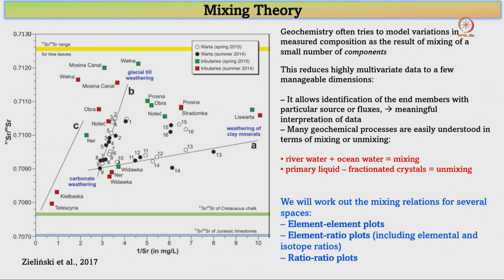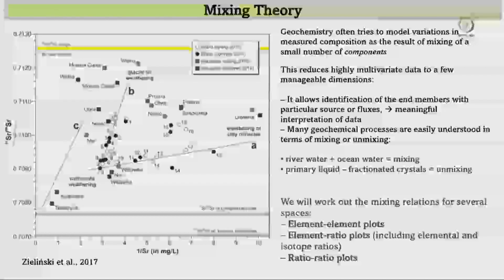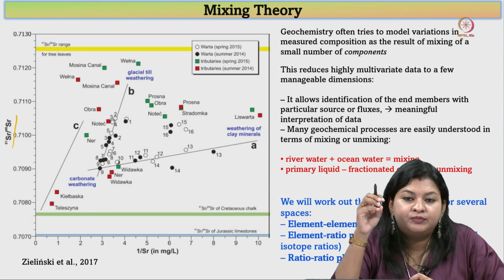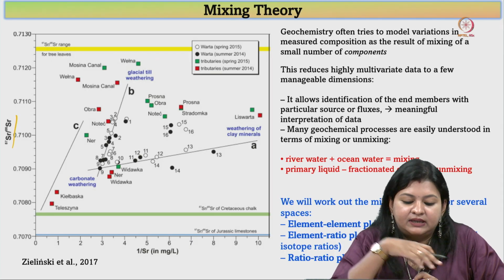What we are going to see here is that we use these isotope systems, and we get signatures of a lot of different things. For example, in this particular plot taken from a particular study, we have seen that springs, tributaries, and rivers have different kinds of signatures.